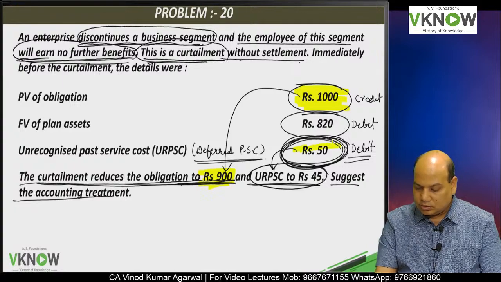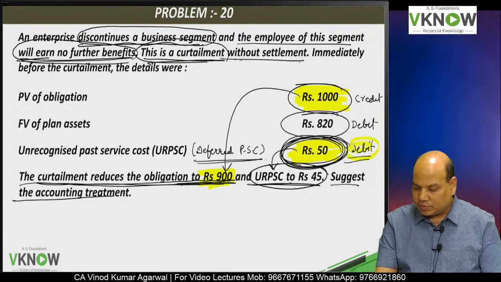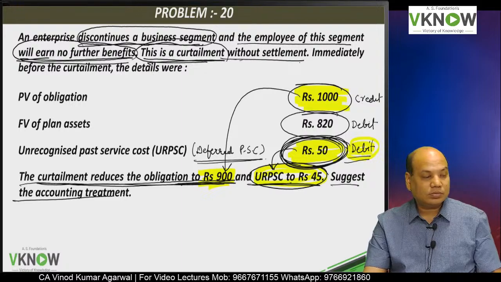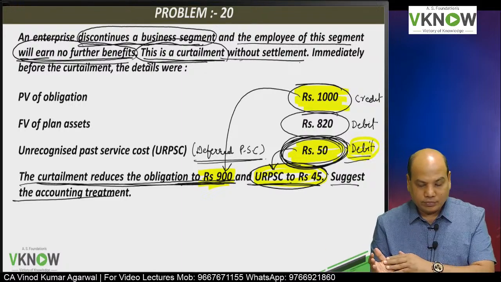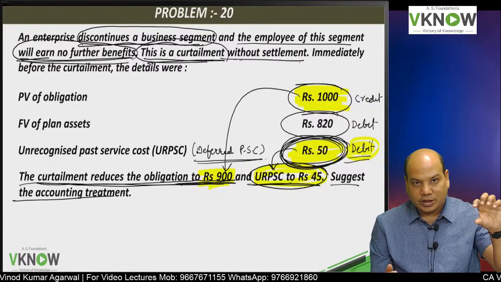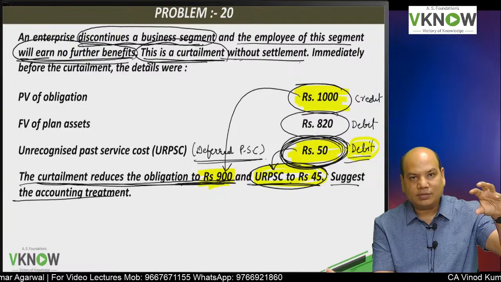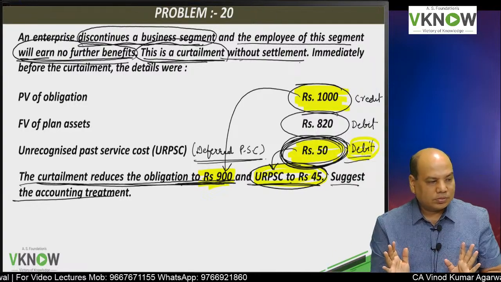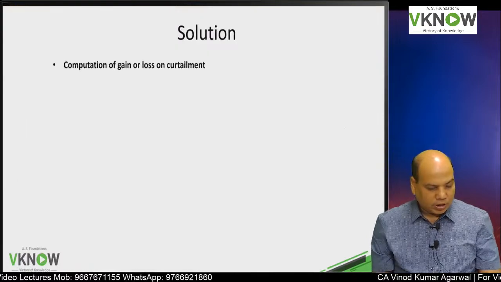And this unrecognized past service cost, which has a debit balance, I have to reduce from 50 to 45. I have to write off 5. So I'll credit. So liability debit 100. Deferred past service cost will be credited by 5. And the difference will go to P&L account. The difference is the gain or loss transferred to P&L account.